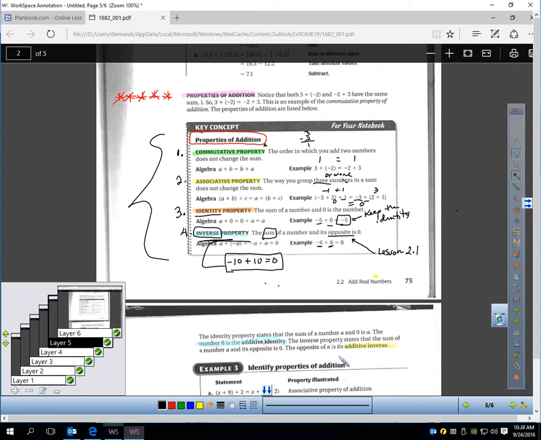There are two other vocabulary words that we should know that associate with these last two properties, okay? Additive identity: the number 0 is the additive identity. What that means is, if I take a number, I'll pick a 9, and add 0 to it, I keep the identity of the number I started with.